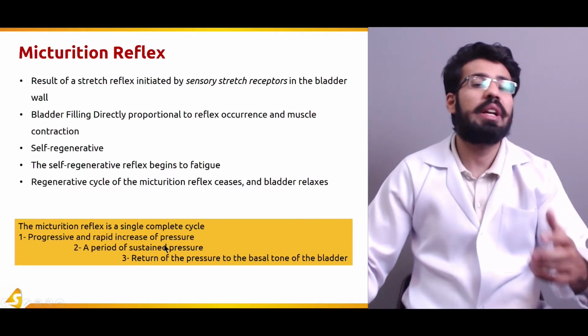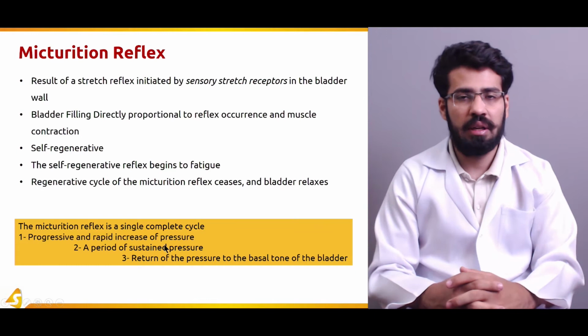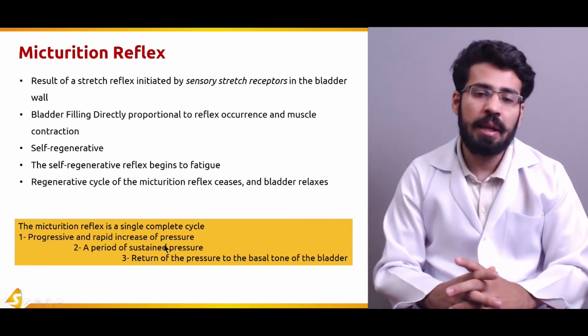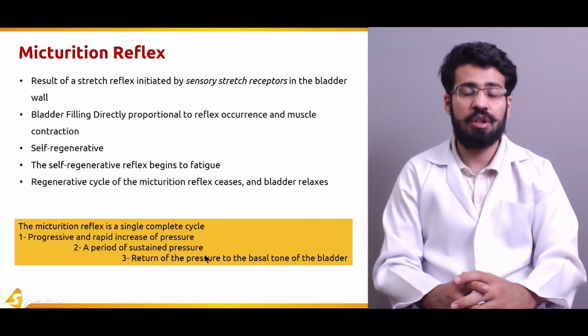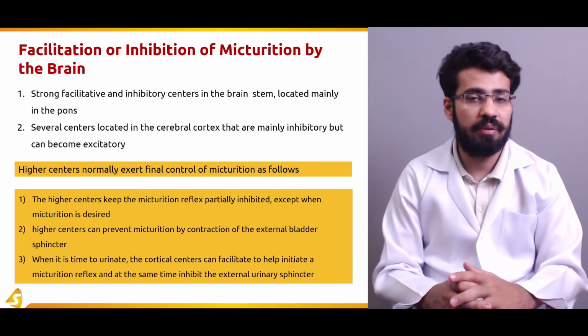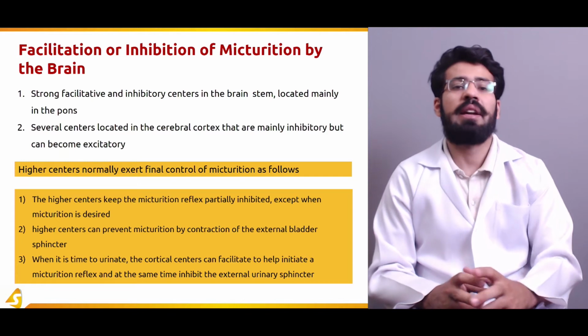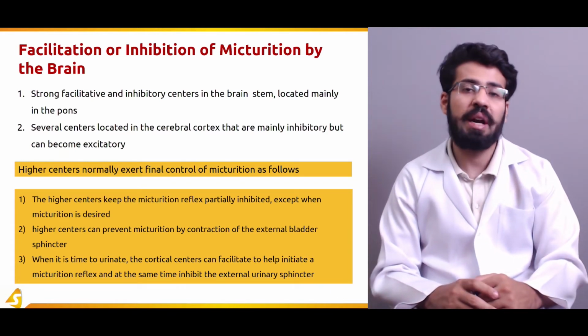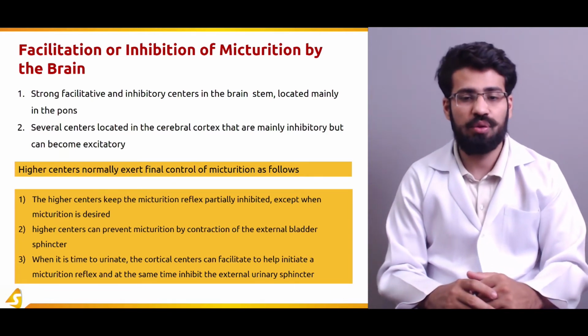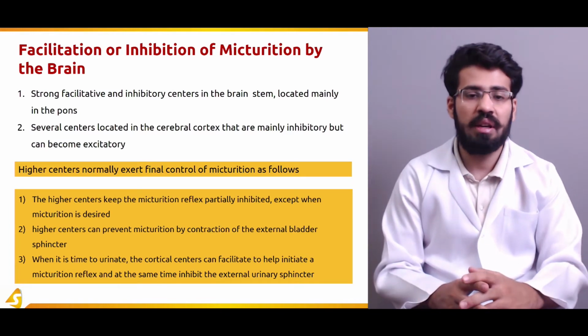So, facilitation or inhibition of the micturition by the brain. Now, since the process of micturition is usually an autonomic spinal cord reflex system, it can be controlled by the brain. And when I say brain, I'm talking about two major regions, two major centers in the brain.